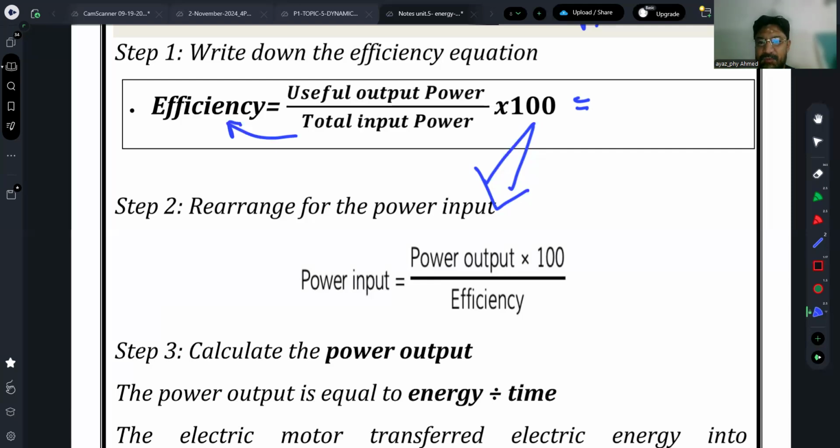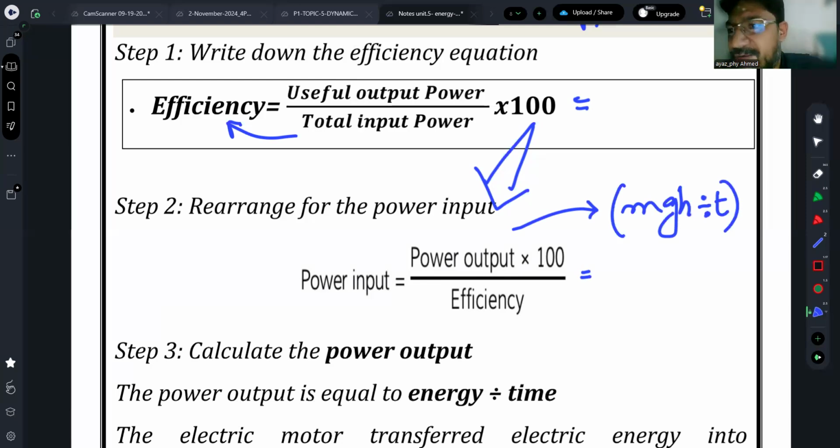By using this formula, you just came to know that output is in the form of mgh divided by time. That is basically output energy. I will convert output energy in terms of power. Because when a motor is lifting some load, it is doing some work in the form of potential energy, and potential energy divided by time will give you the power.